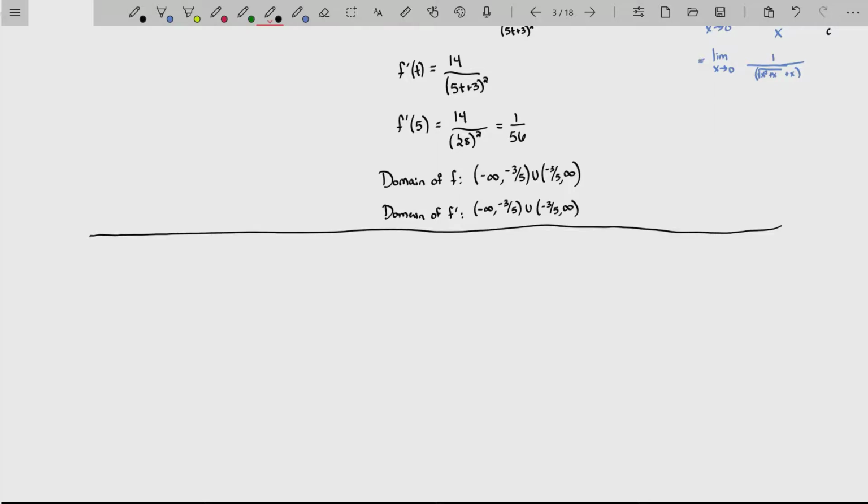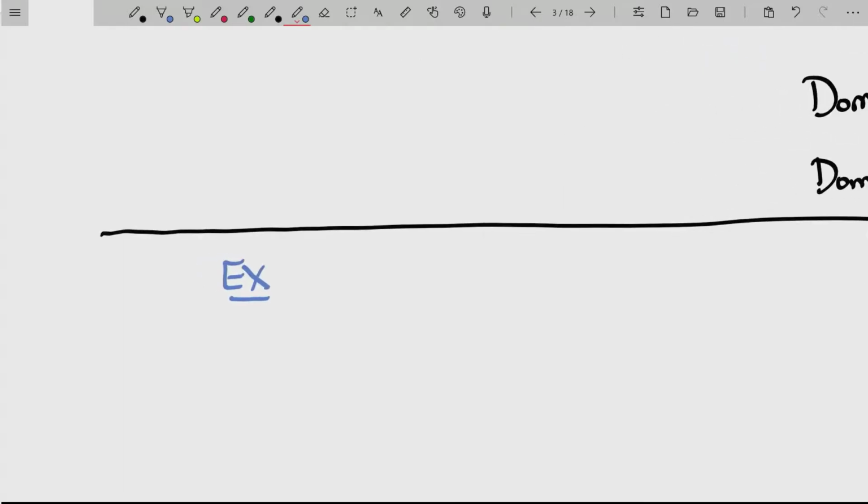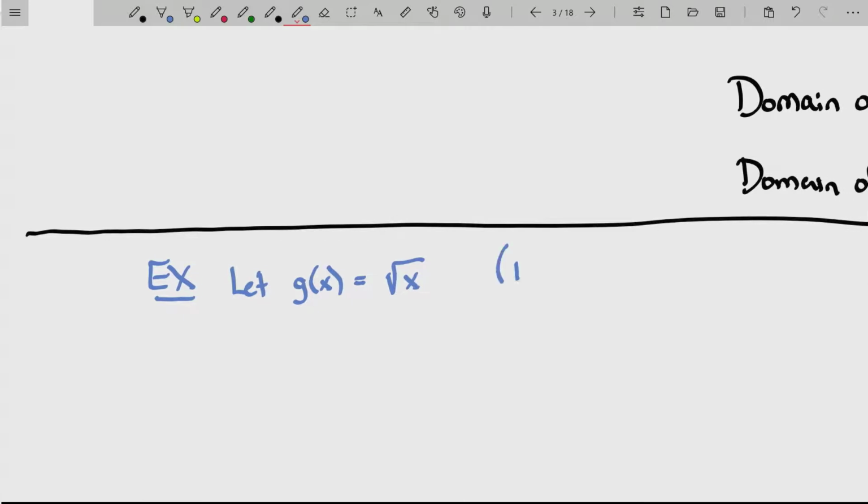And I want us to investigate what we're going to state as a theorem. So let's put in a little example here. We're going to let g of x equal the square root of x. By the way, the domain of g is everything from 0 to infinity. You can plug 0 into that function, and you can plug any positive value as well.